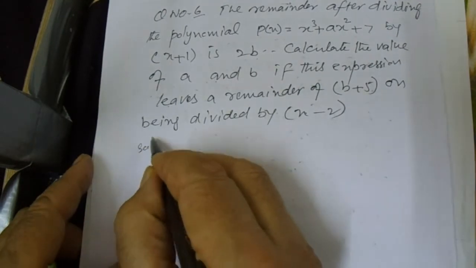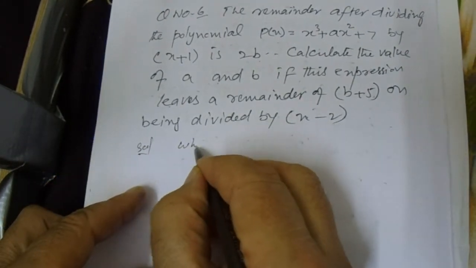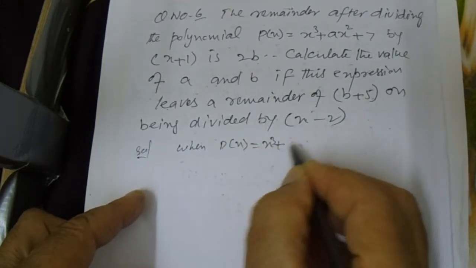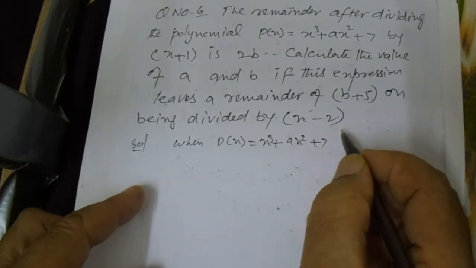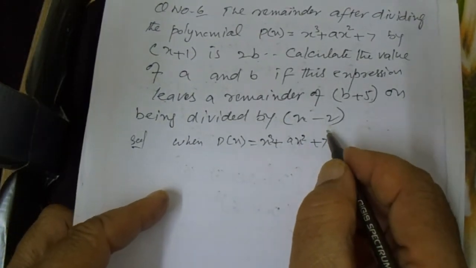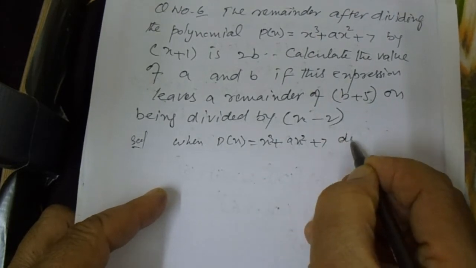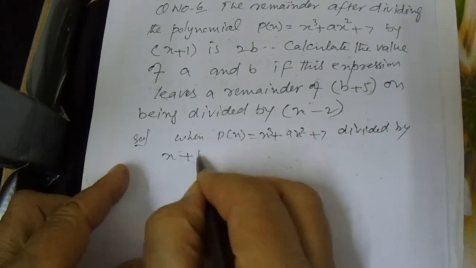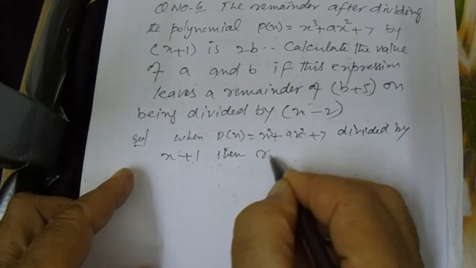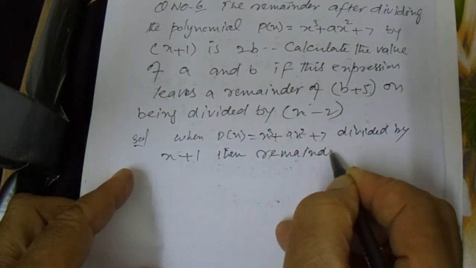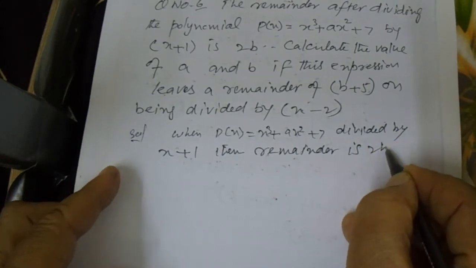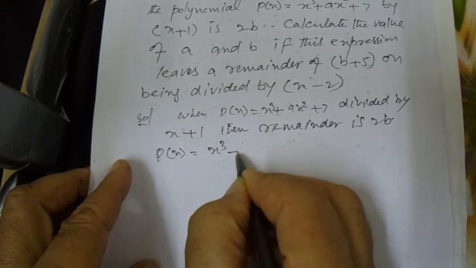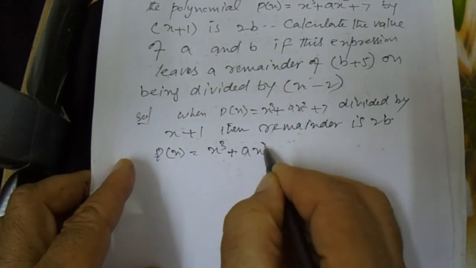First solution: when P(x) = x³ + ax² + 7 is divided by x + 1, then the remainder is 2b. Let P(x) = x³ + ax² + 7.